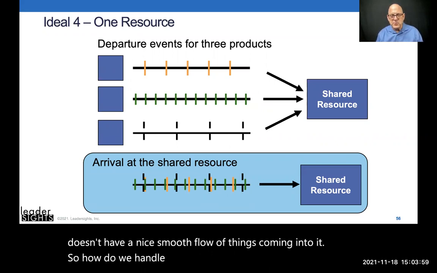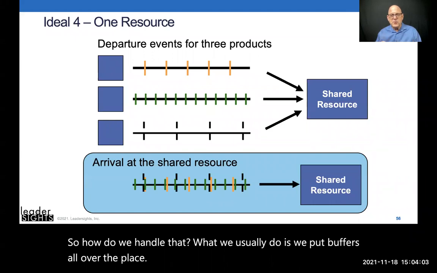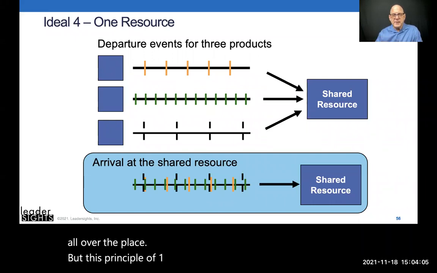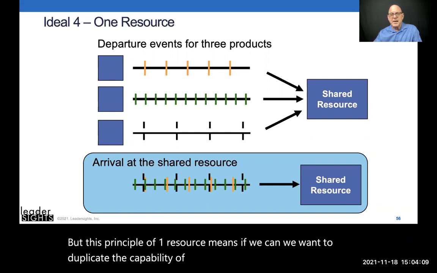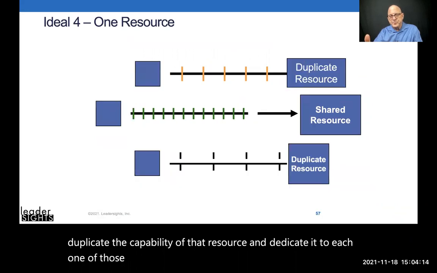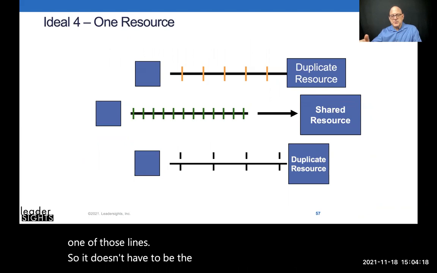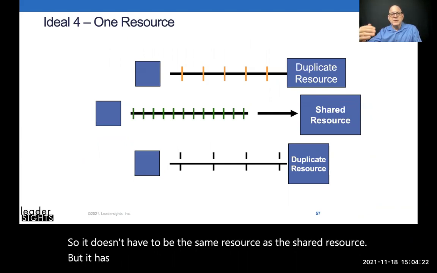Well, what we usually do is we put buffers all over the place. But this principle of one resource means if we can, we want to duplicate the capability of that resource and dedicate it to each one of those lines. So it doesn't have to be the same resource as the shared resource, but it has to serve the function that each one of those product families needs.